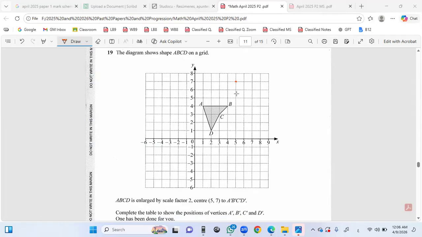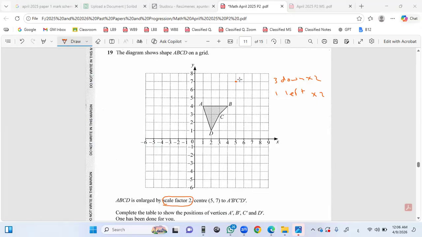So it is 3 down, 1 left. So let me write this here. It is 3 down, 1 left from center. Yes, mister, but they want scale factor 2, so I'm going to double it. 6 down, 2 left.